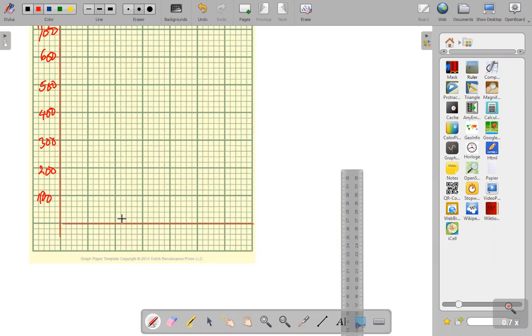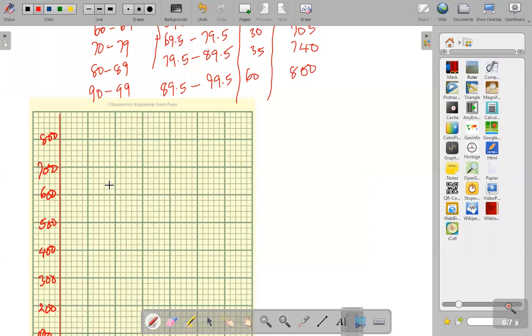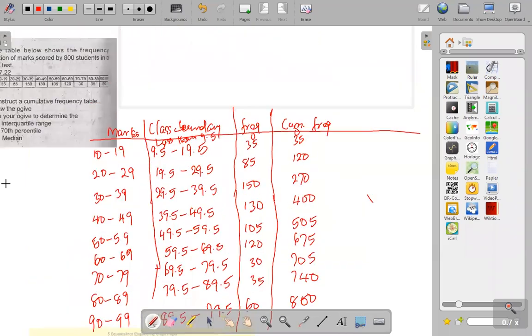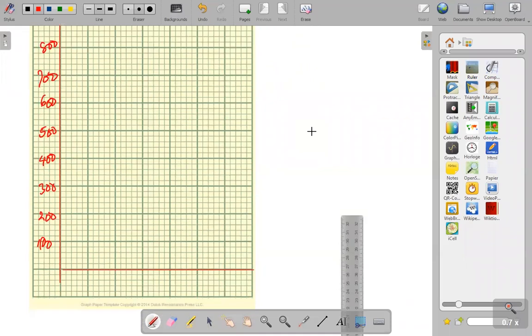So my first item there is 19.5, and my cumulative frequency there is 35. I'm using 4 boxes to represent each item: 1, 2, 3, 4. 19.5. And the cumulative is 35.